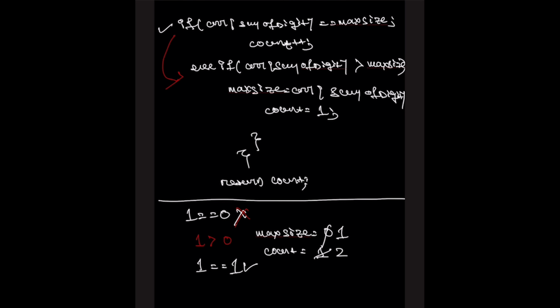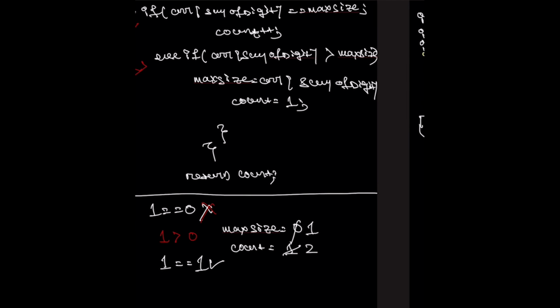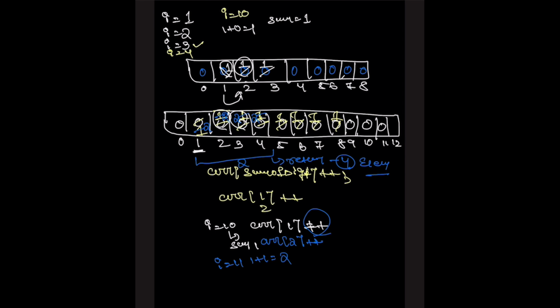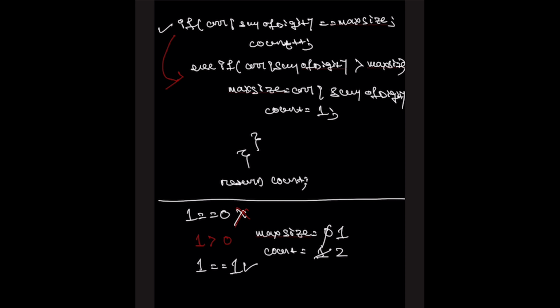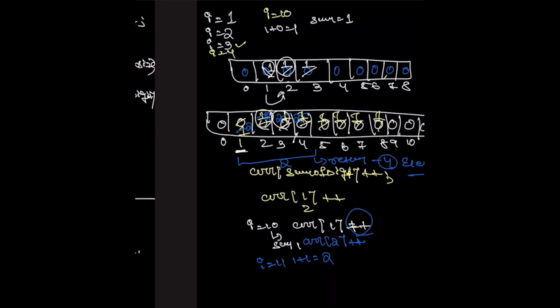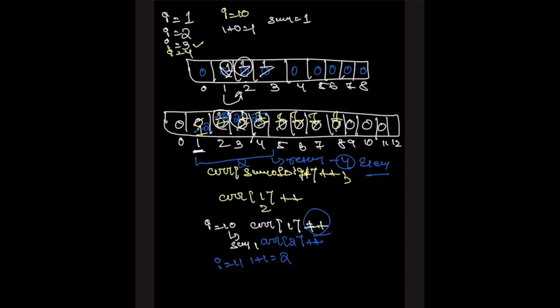Then again 1 for this position, so the count changes to 3, and the count will be incremented up to 9. Because in its index position we updated the value first to 1, and if there is an arr of 2 here, we change its value from 0 to 1.